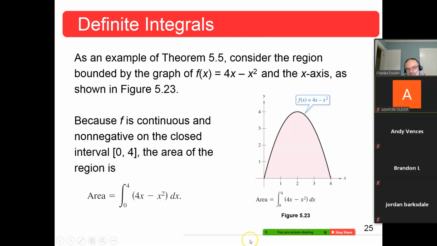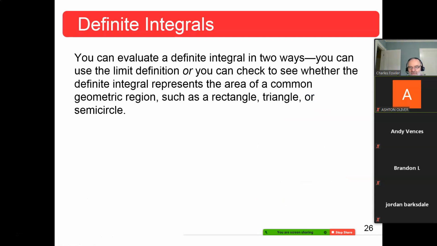Down here, it would be negative. Down here, it would be negative. So this is the only place where this function is non-negative. Then the area would be the integral from 0 to 4, 4x minus x squared dx. Okay, now, thank goodness they're not making us do a Riemann sum of that. We could. It'd just be tedious.